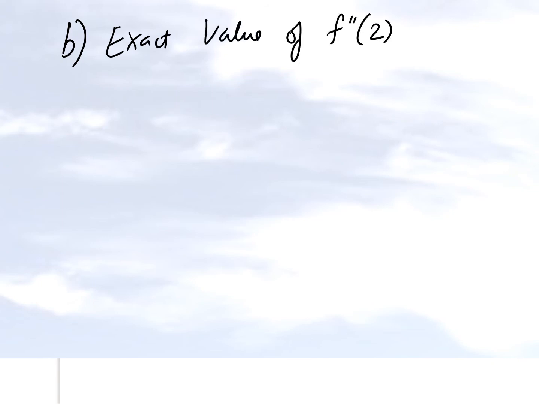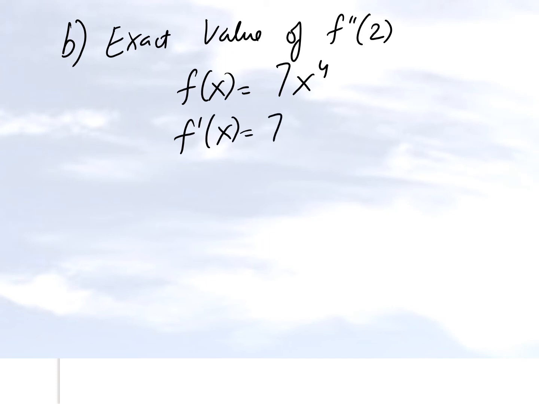Let's go and see what the exact value is of the second derivative of the function at 2. Our function is given as 7x to the power 4. So the first derivative of the function will be 7 times 4x to the power 4 minus 1. That is 28x cubed.